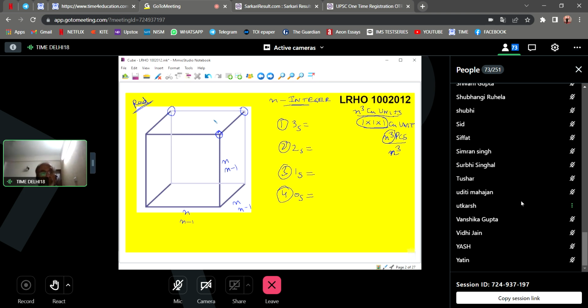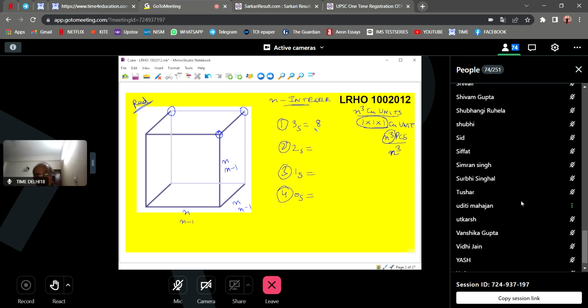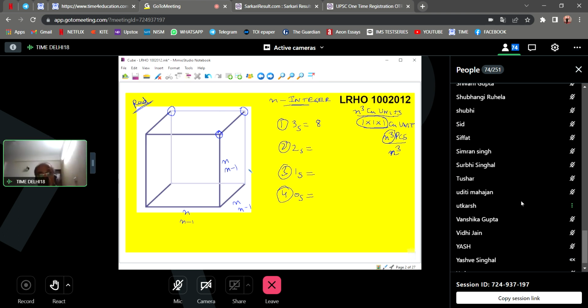So how many pieces I'll get that will have 3 sides painted? 8 pieces. Why? Because 8 corners are there, and each corner is going to give me one 3-side painted piece. I hope that is clear to everyone. There's no problem with this.